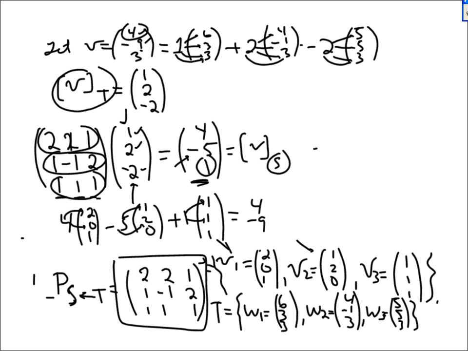Now, the amazing thing is, I'm getting 4 times 1 is 4, minus 5 times 0 is 0. 4 minus 0 is still 4, plus 1 more.